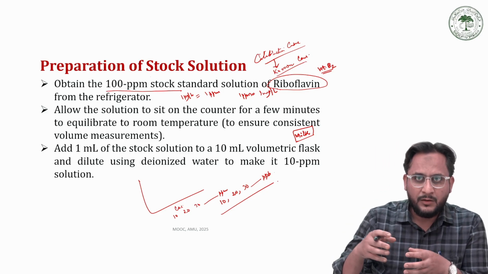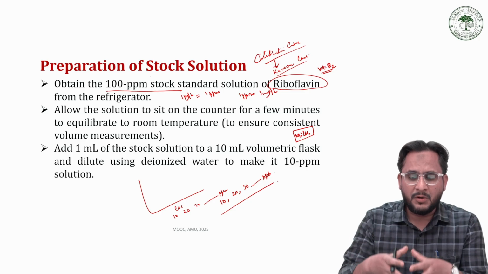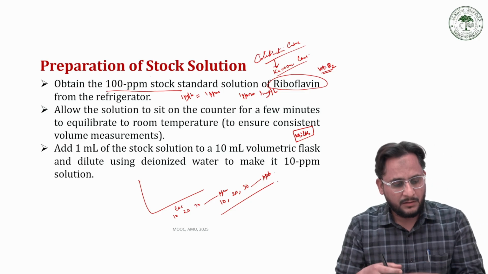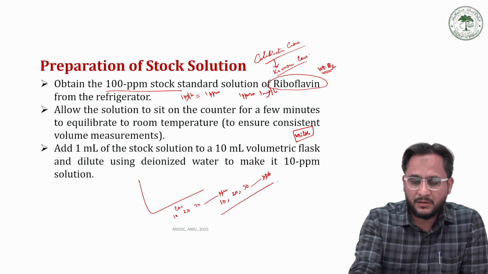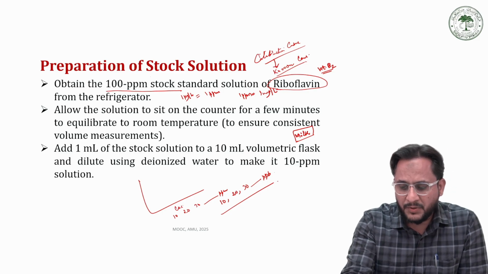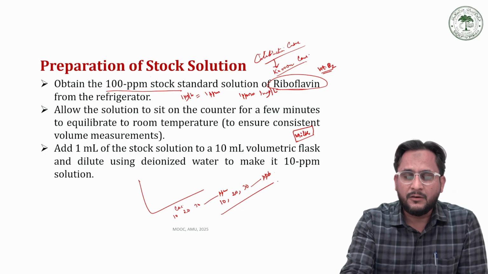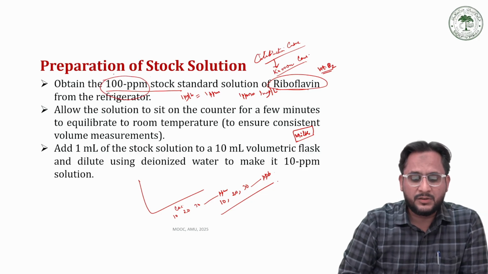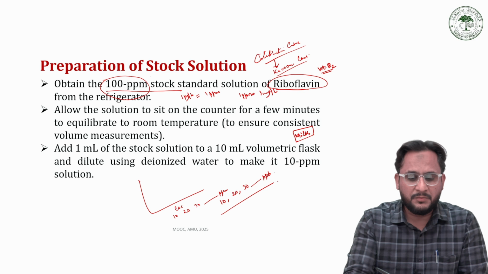If we are going to check the amount of riboflavin B2 in the milk given to us as a sample, first of all we take a pure standard solution of riboflavin, which is called a stock solution because its concentration is high. Its concentration is 100 ppm.